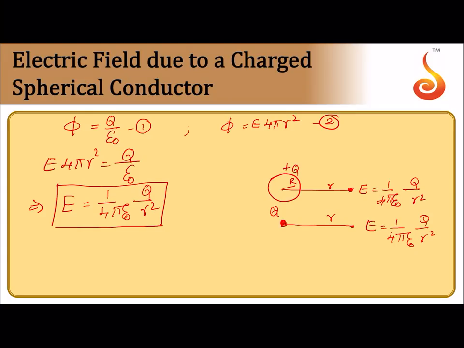What does that mean? That's a very important observation. It means that this spherical conductor is as good as a point charge placed at the center of the sphere. So keep this remarkable result in mind. A spherical conductor is as good as a point charge placed at the center of the sphere.